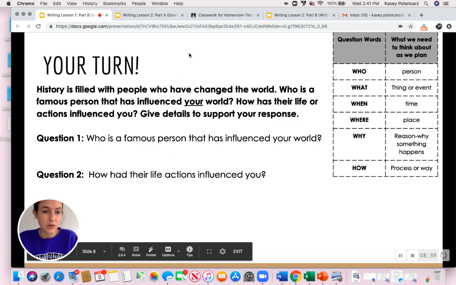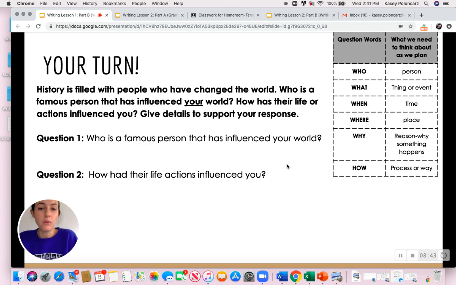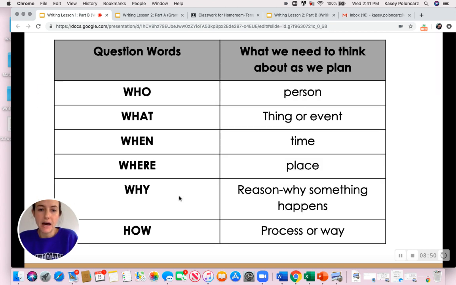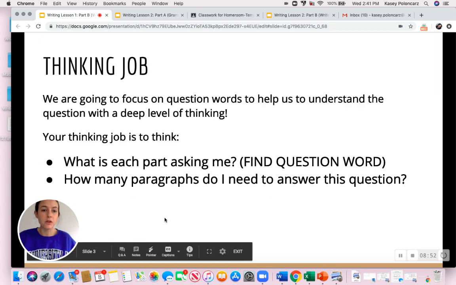This is posted in the Google form, and you're going to use your anchor charts to help you figure out what the question words are asking you to do. Remember to think about your thinking job. What is each part asking me? And how many paragraphs do I need to answer this question?